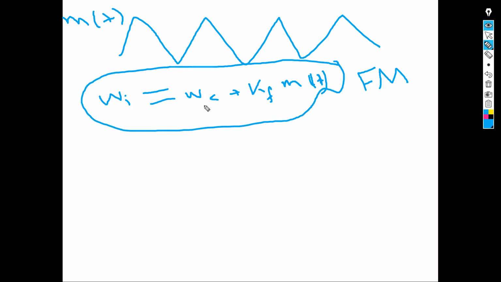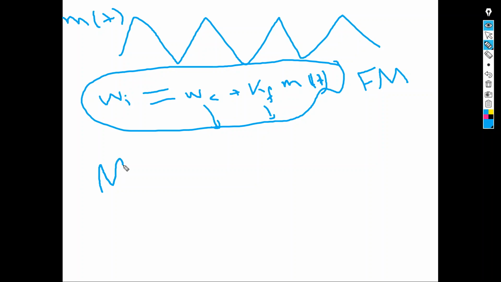So basically, omega c will be given to you, kf will be given to you, and m of t also. m of t is this. You only need to determine omega i. You tell me this is super easy. I just need to change the frequency based on the message signal. As the amplitude here increases, the frequency increases little by little.